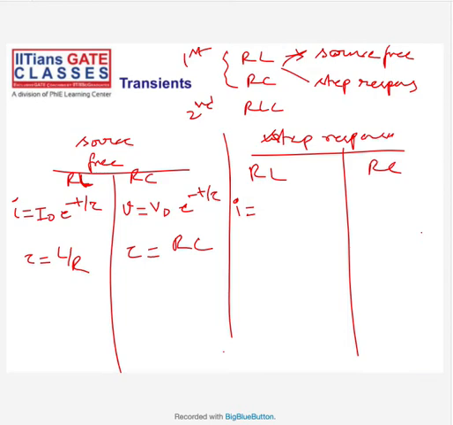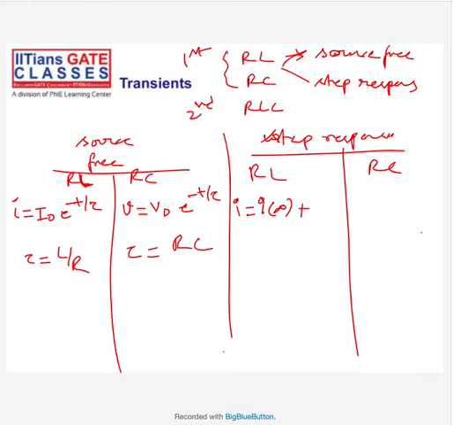Only 4 formulas are needed to solve all the transient circuits. If you remember, tell me what is the answer for step response. Am I audible?